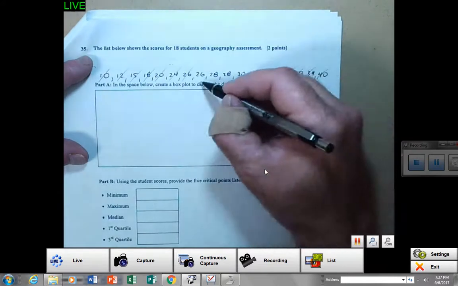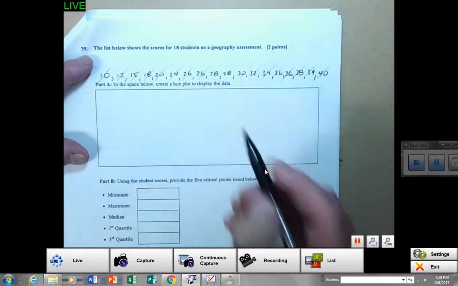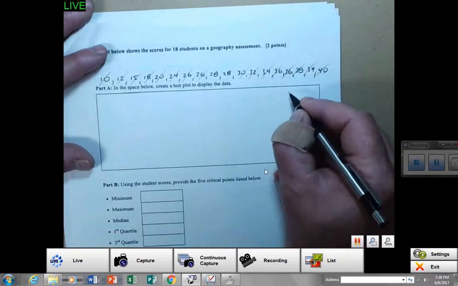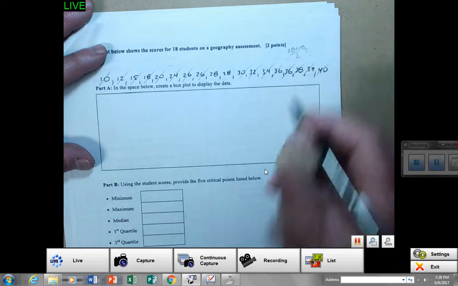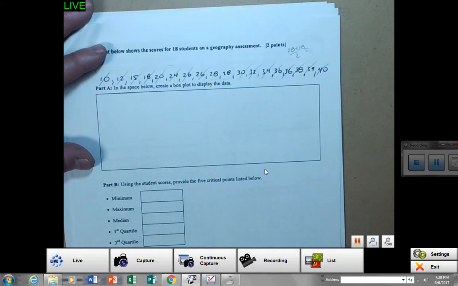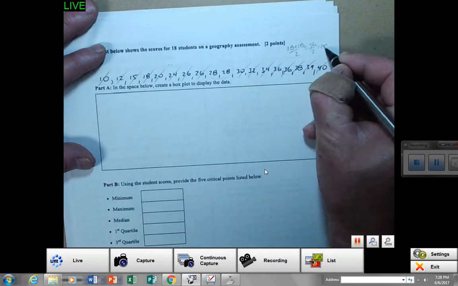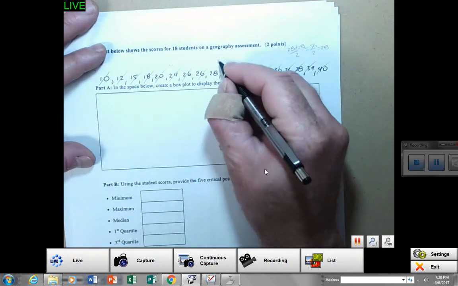Seventh. Eighth. So I can see these two middle numbers I'm going to use to find my median of the whole set. So that is 28 plus 28 divided by 2, which obviously is going to give me 28. But 28 plus 28 is 56, divided by 2 is 28. That is my median.